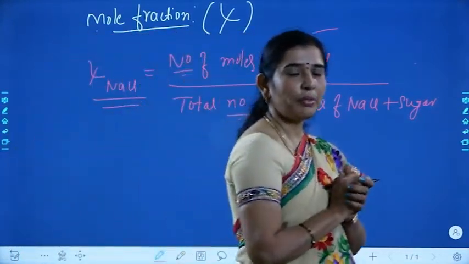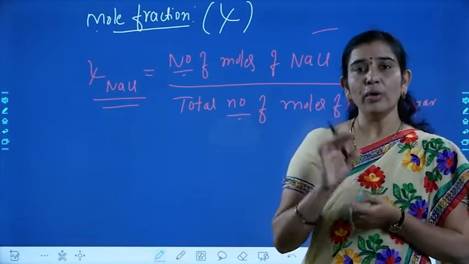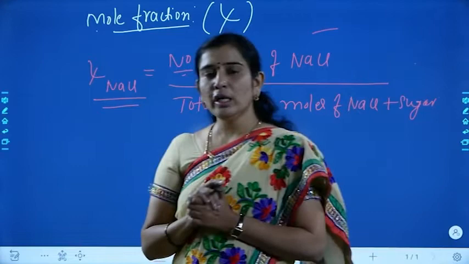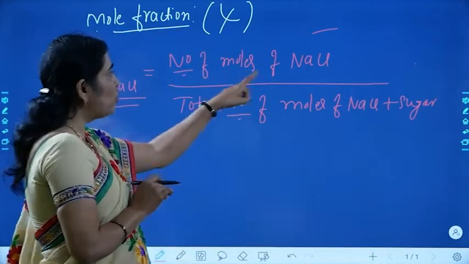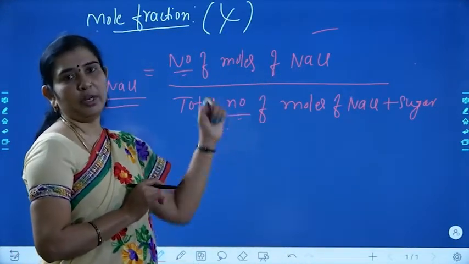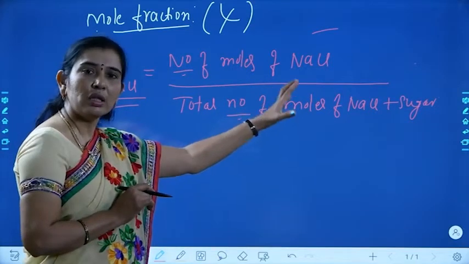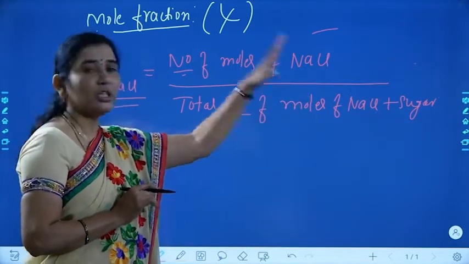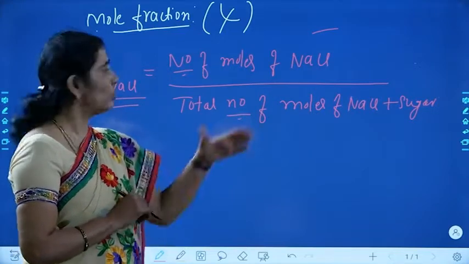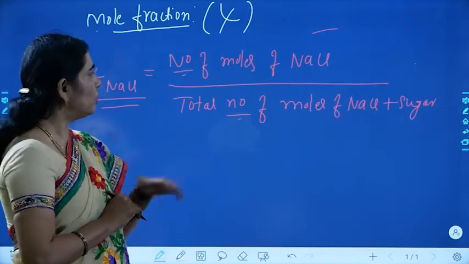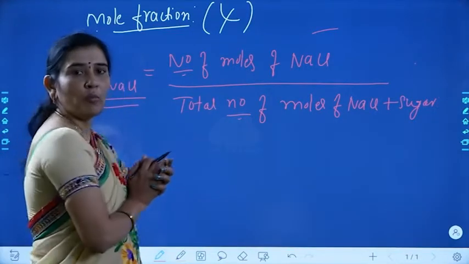Now, how do you actually define mole fraction? It is the number of moles of a particular component to the total number of moles of all the components present in the solution. That we call mole fraction. So how do you explain mole fraction?